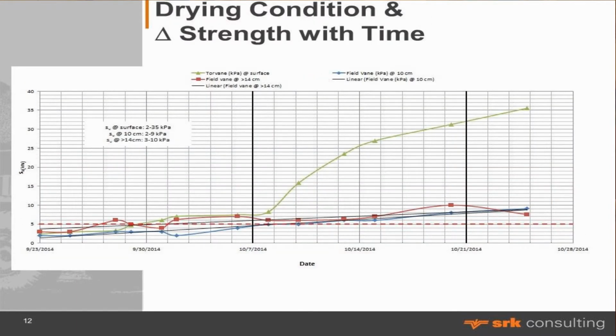We take all of that and string it together with some characterization of strength. What you see here, in keeping with Heather's observation this morning, is basically the result from a Torvane. It's not necessarily an undrained strength, but it's the result of what's happening at the surface, where materials are very obviously drying. The lower bunching of the profile is what's happening at depth.